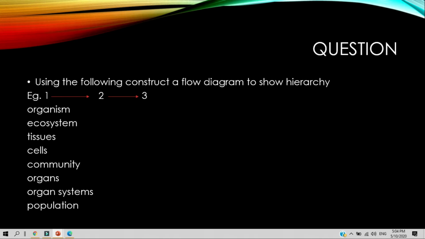What comes first, what comes second, and so on. So for example, if we were counting to 3, we'll start at 1, then we get to 2, then we get to 3. Here we have these things all jumbled, and you are going to put them together to say what comes first, what comes second, and then, that type of thing. And we are going right up to the ecosystem.